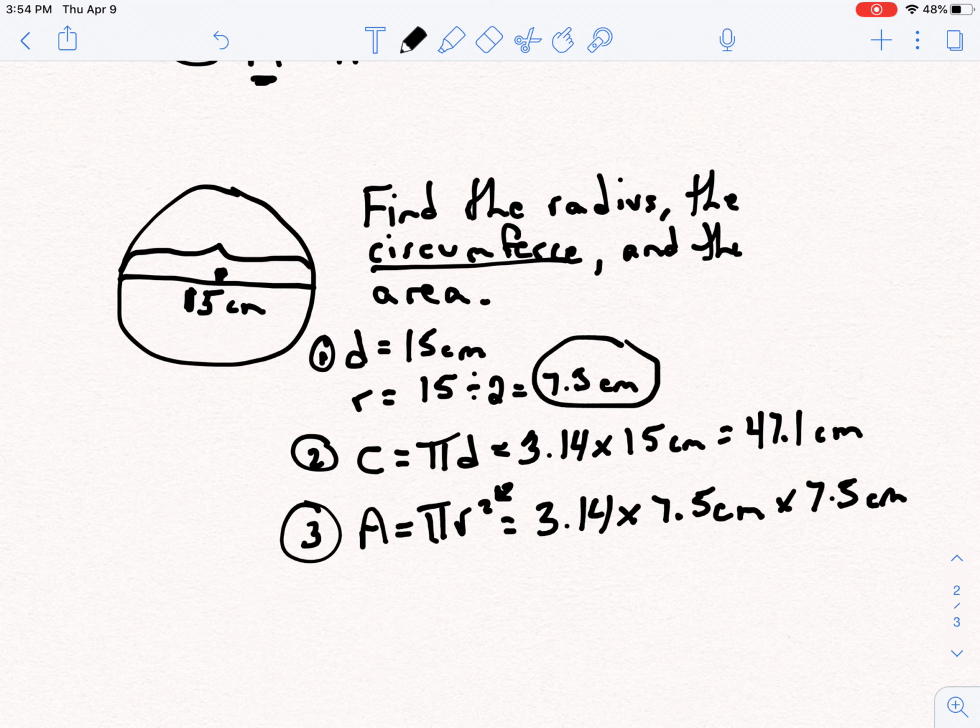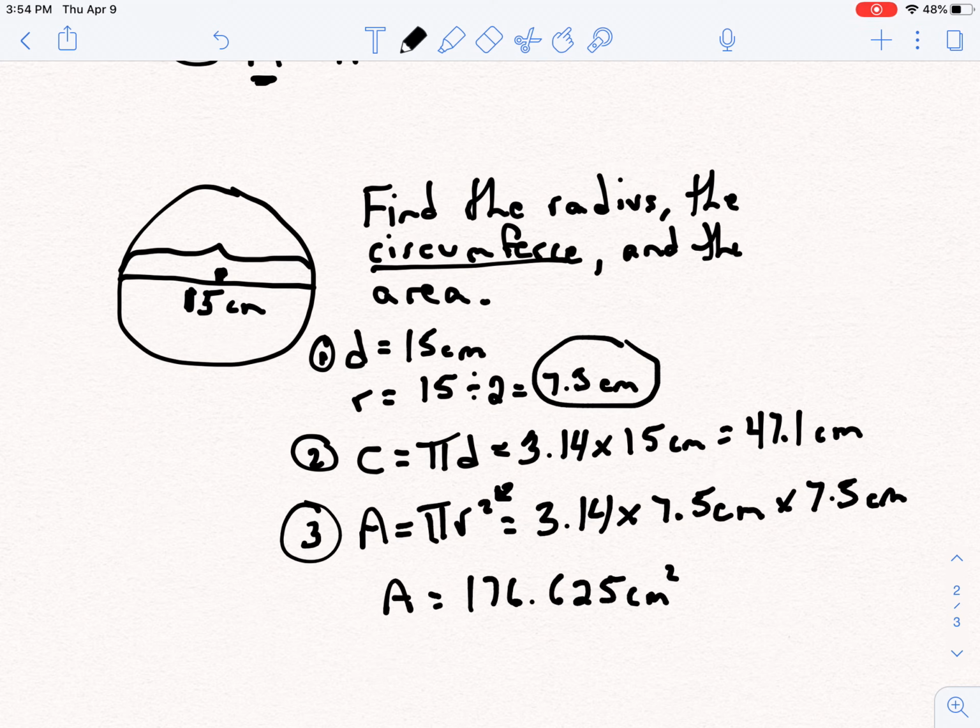Now it's just simply a matter of plugging it in. Area becomes, again, you pull out your calculator, have your measurements, 3.14, timesing that by 7.5, timesing it by 7.5 again, I get 176.625. And again, my units are centimeters squared, because I'm measuring an area.